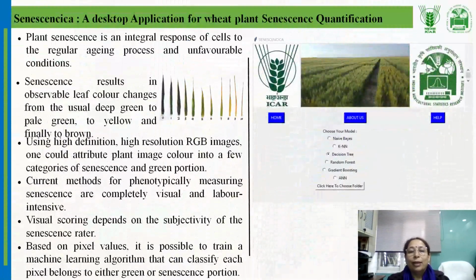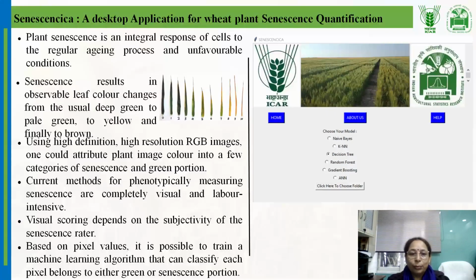Another case study which I am going to discuss here is related to senescence estimation, or senescence quantification. We all know that senescence is when the plant changes color during the different stages.